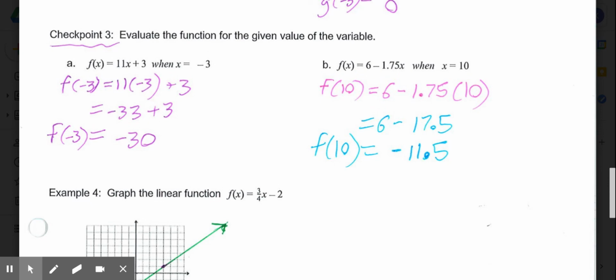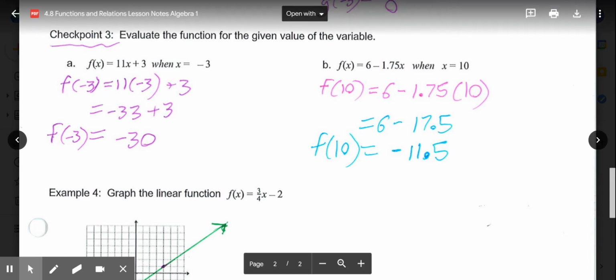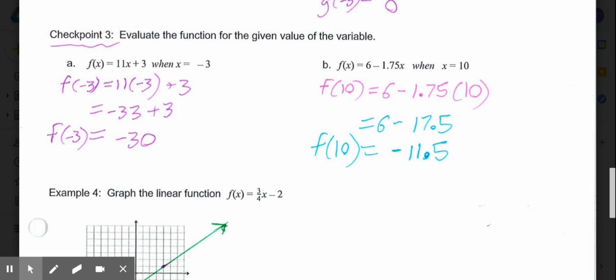In B, f of x equals 6 minus 1.75x when x equals negative 10. So again, you can think of this as f of negative 10 equals 6 minus 1.75 multiplied by negative 10. Multiply before subtraction, so 6 minus 17.5.